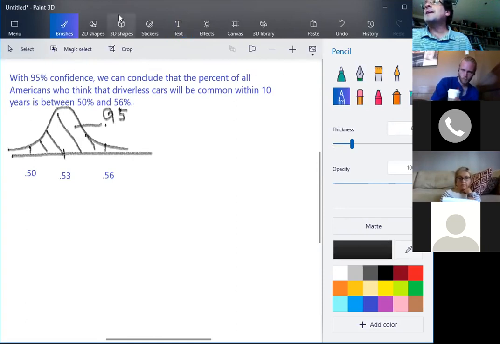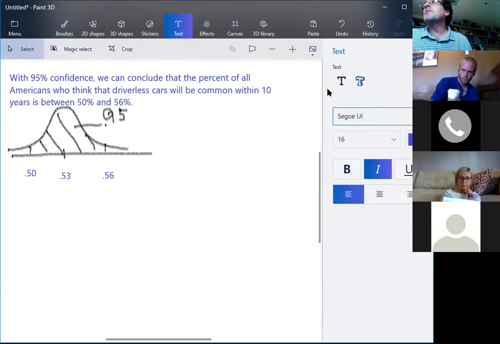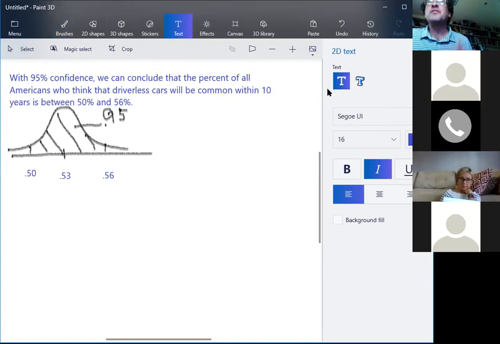So let me write down kind of in words what this means. So remember, the sampling distribution is all the possible sample proportions you can get.